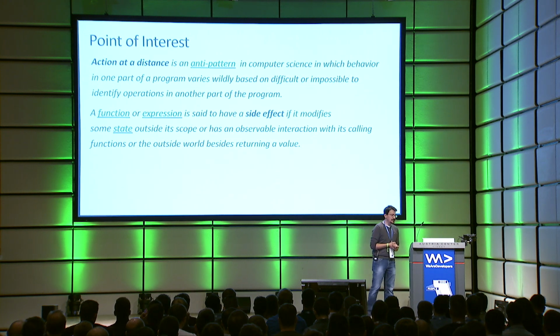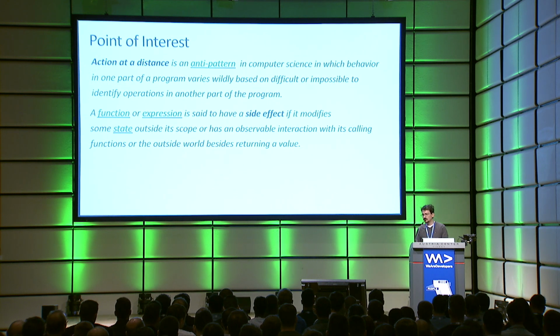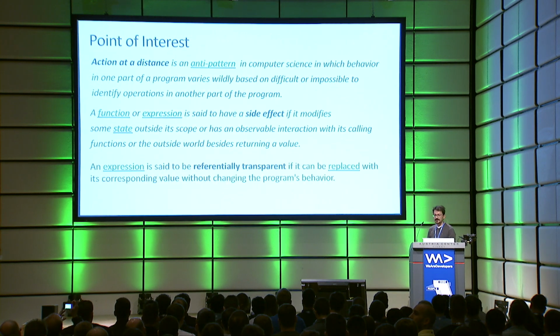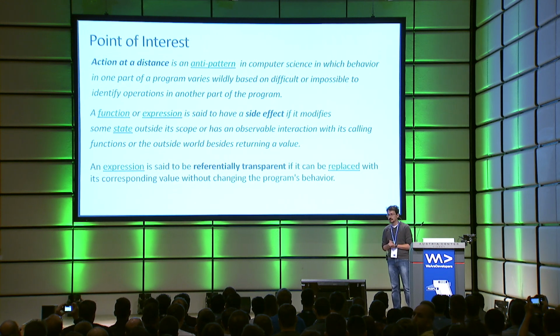However, if you want to simplify the complexity of your application, if you want to create a more robust application where formal verification is just enough to verify the feature set that you are developing, you need to get closer to referential transparency, basically pure functions.